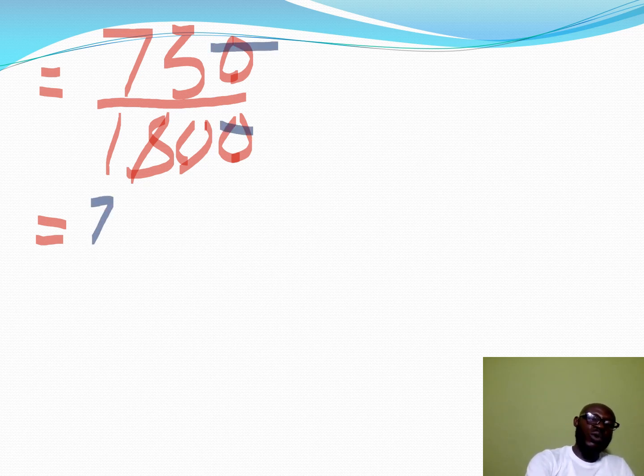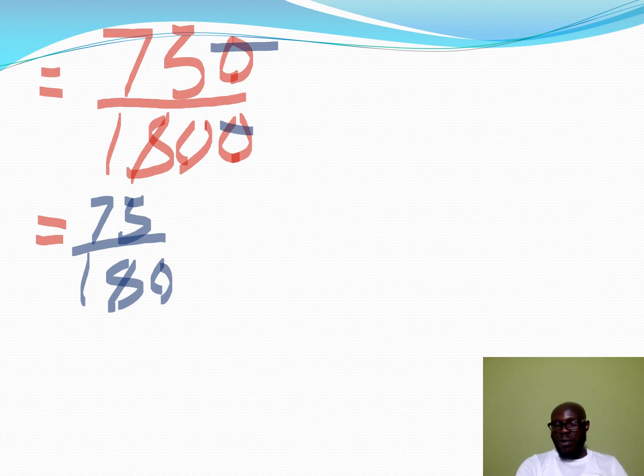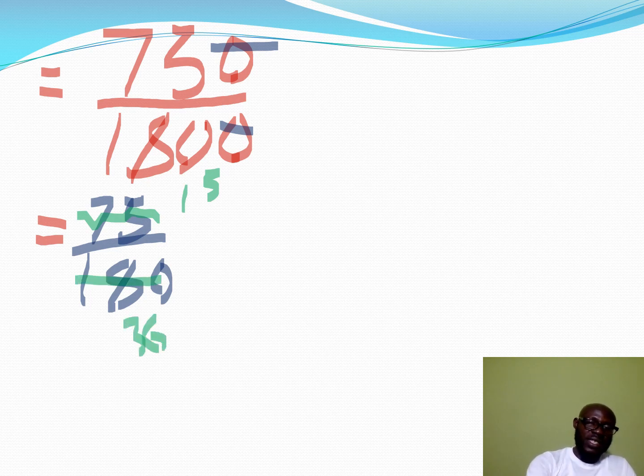So we will be left with 75 out of 180. Good. Now we can use 5 to simplify this. Is that okay? So we say 5 goes into 75, 15, and 5 goes into 180, 36.